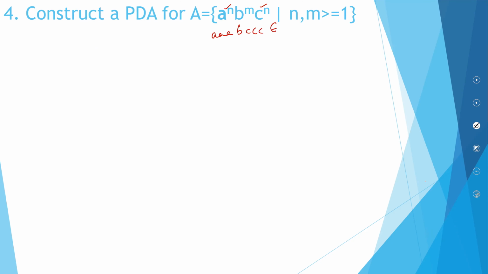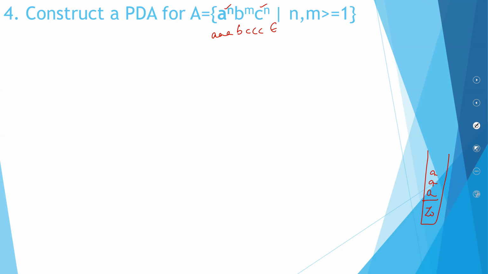So let's see how the stack will be. Z0, all the A's you encounter, you put inside. All the B's you encounter, don't do anything.